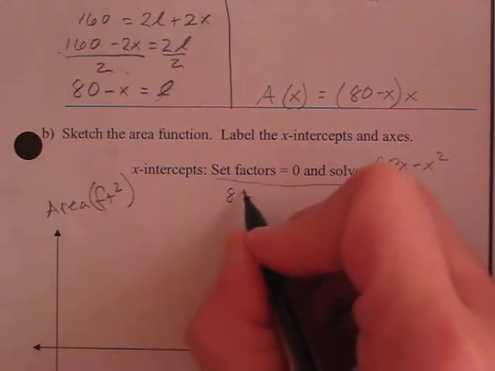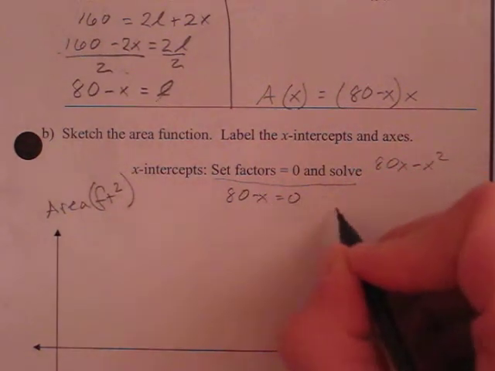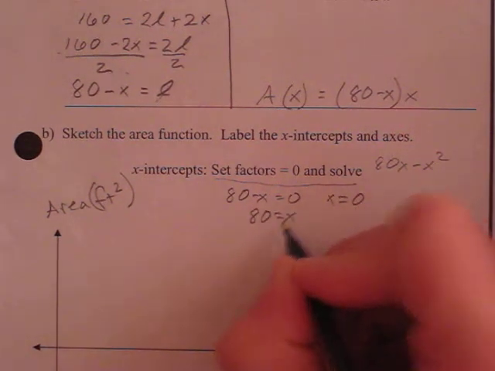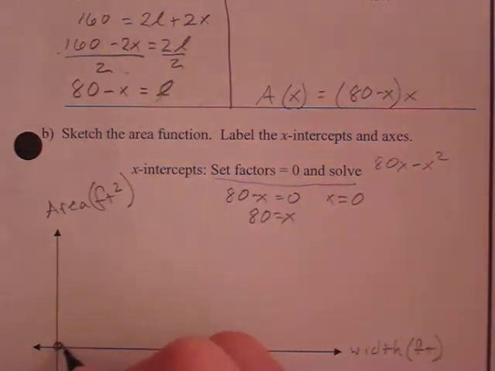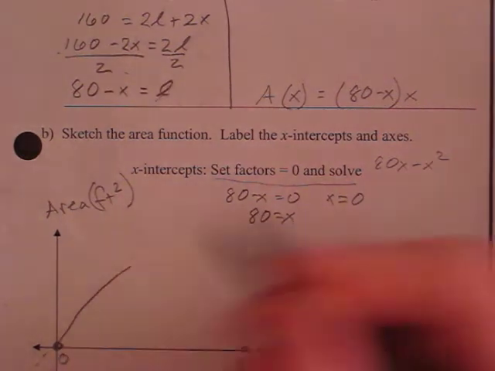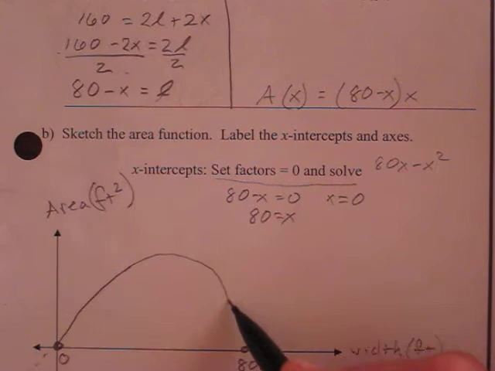So we just say 80 minus x equals 0, and x equals 0. So my x-intercepts happen when x is 0 and when x is 80. And since this is a quadratic that opens down, I know that it's going to look something like this. That's not a very good sketch, but it's good enough.